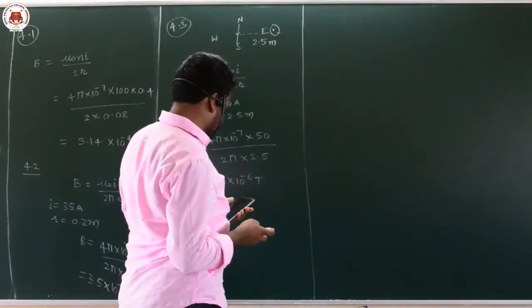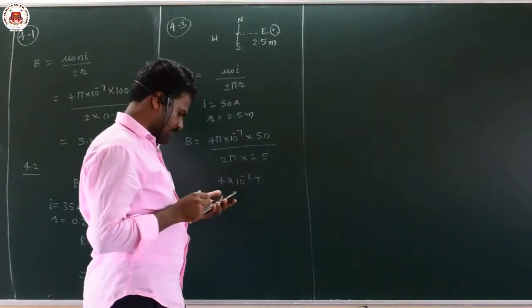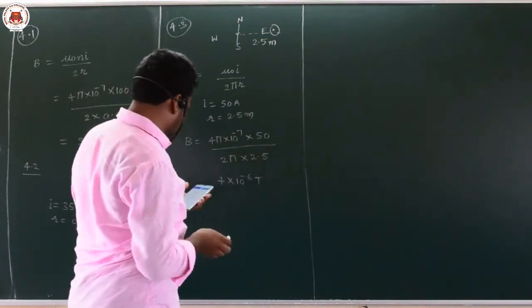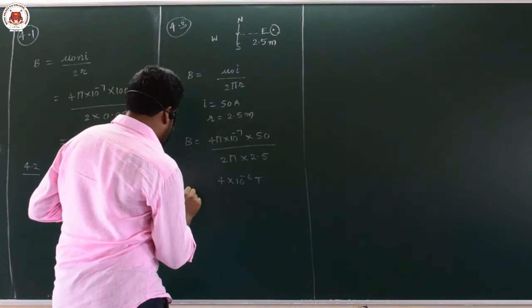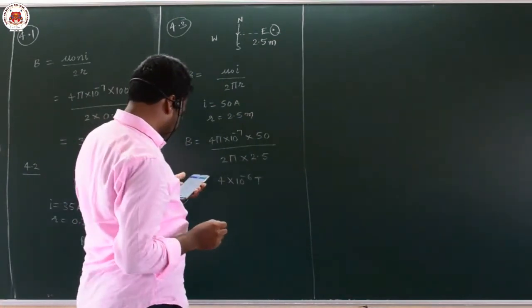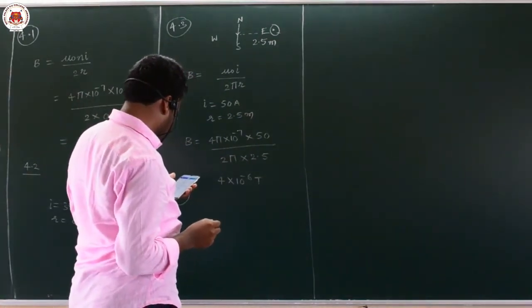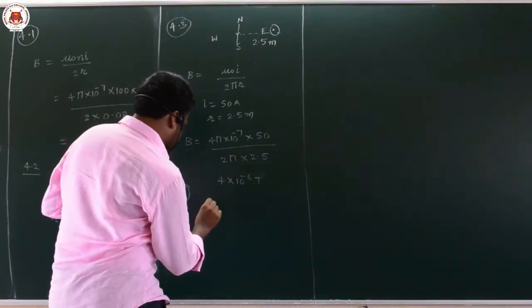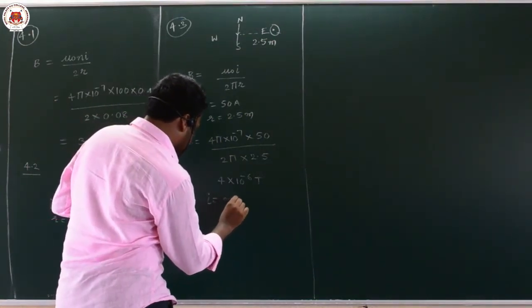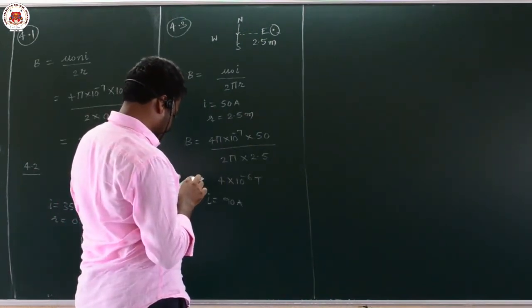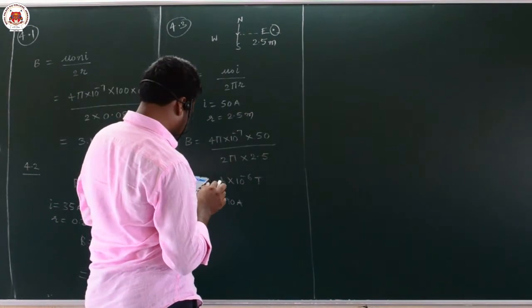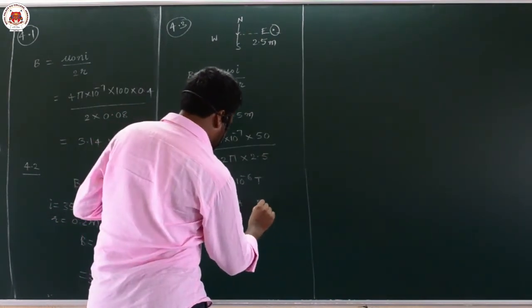So next, 4.4. The question is: a horizontal overhead power line carries a current of 90 amperes in east to west direction.